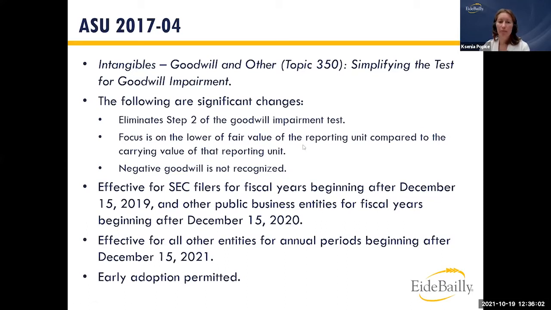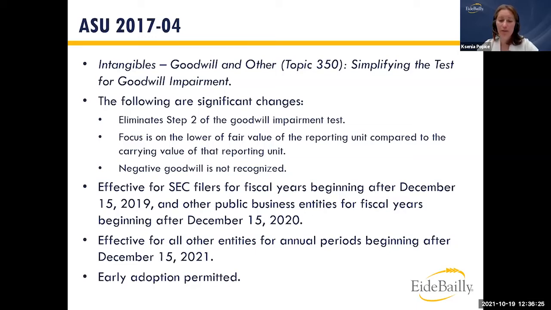It eliminates some of the impairment tests and focuses on the lower fair value of the reporting unit compared to carrying value. Negative goodwill is not recognized. Just a few items there to consider. I don't have the statistics of how many not-for-profits actually carry goodwill on their books.